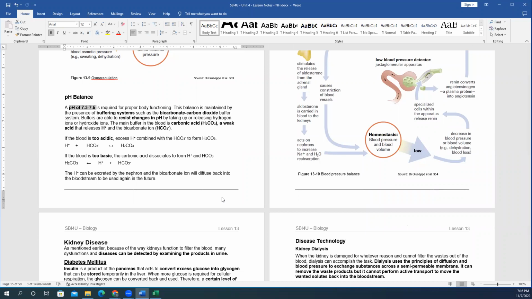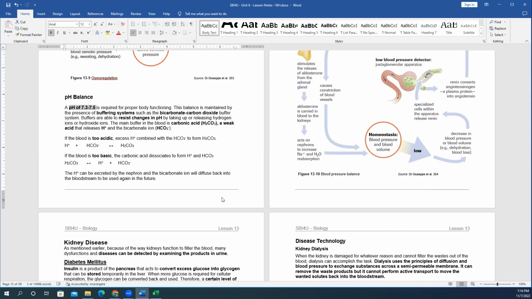If you remember, we discussed how pH is very important for the proper functioning of enzymes and proteins, because beyond that range, proteins will denature, and denatured proteins don't have the right three-dimensional structure to carry out their function.